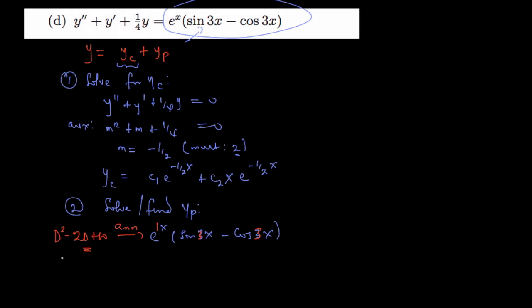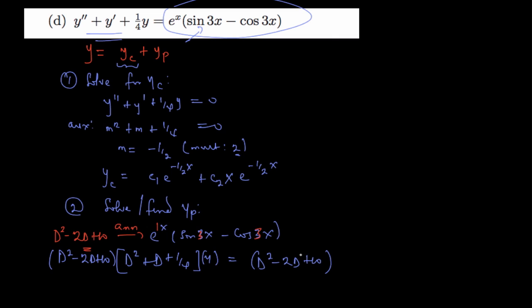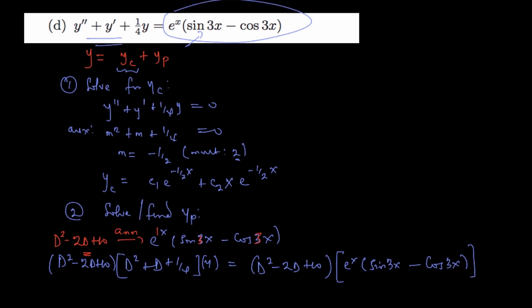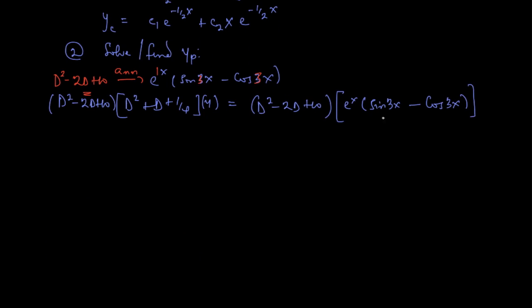What we're going to have is D squared minus 2D plus 10 operating on the left hand side, which is D squared plus D plus 1 over 4 y equals, and we apply it to the right hand side again just to balance the equation, into e to the power x into sine of 3x minus cosine of 3x. And then this goes to 0 since this annihilates this, we know that already.